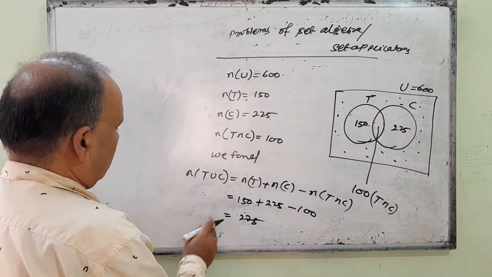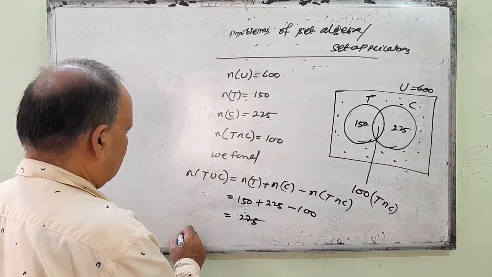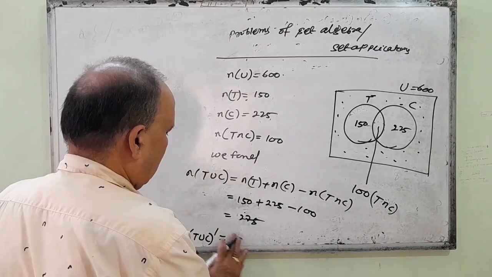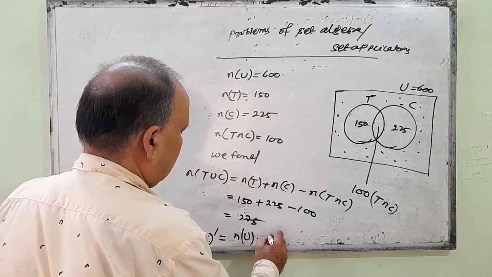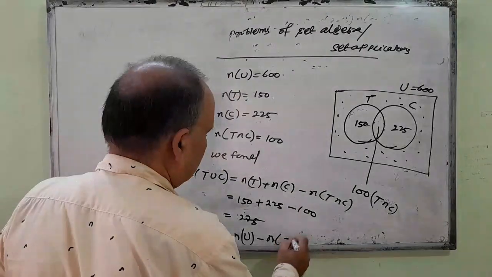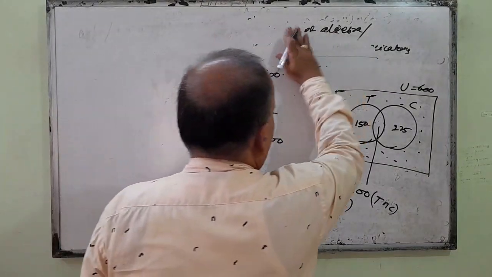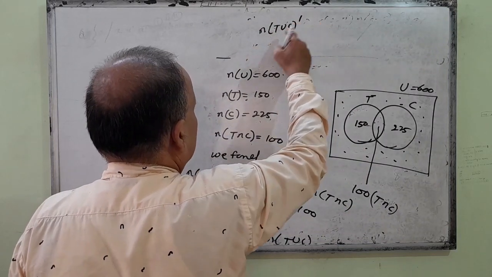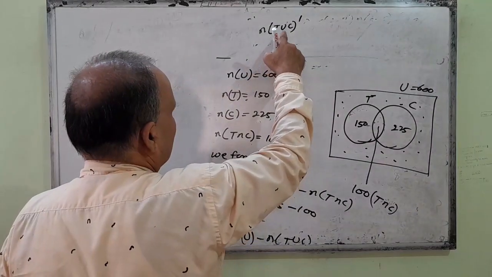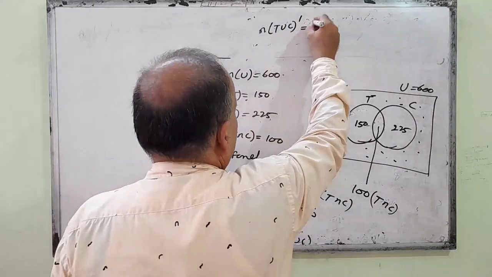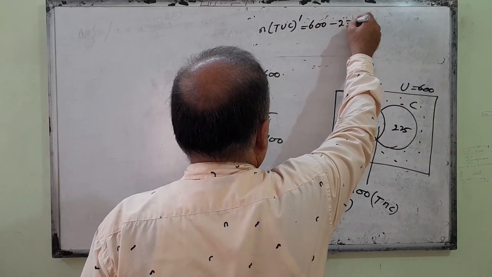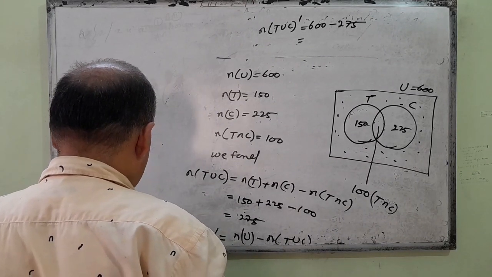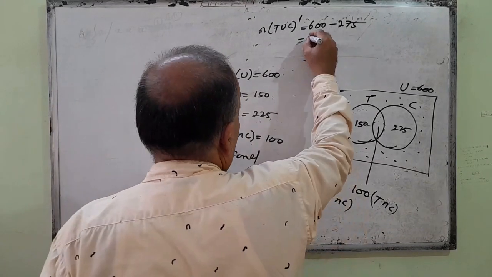So the number of students taking neither tea nor coffee, meaning order of (T union C) dash, is equal to order of U minus order of T union C. So order of (T union C) dash, the number of students who are taking neither tea nor coffee, is equal to 600 minus 275, that is equal to 325.